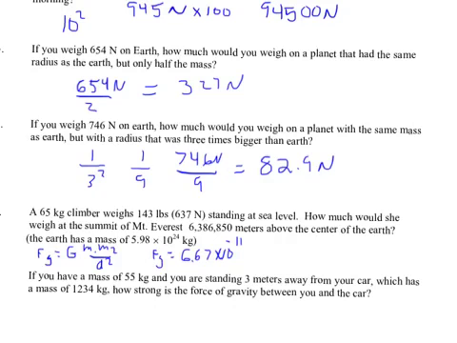Alright, well anyway, so now what I'm going to say is times M1, which is 65 kilograms, times M2, which is 5.98 times 10 to the 24th kilograms, divided by, don't forget to square it, the square of 6,386,850 meters squared.